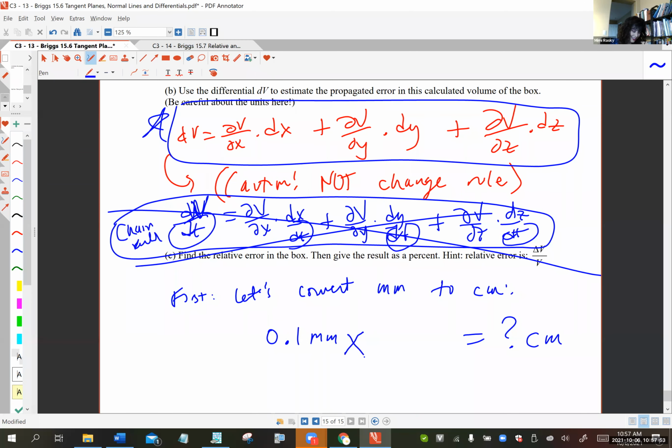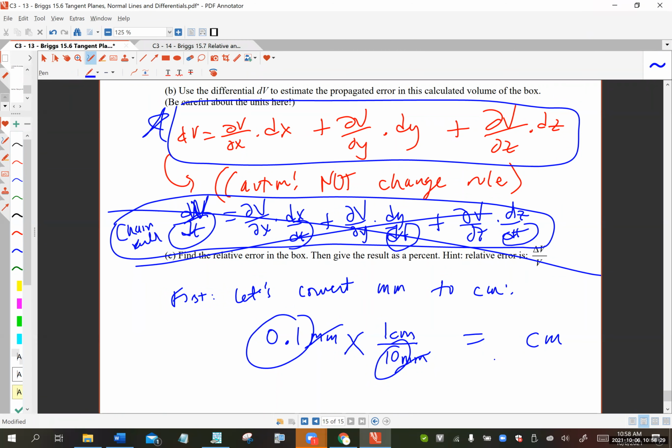No, that would not be good. 1 centimeter has how many millimeters? Does anybody know? I think it's 10. Yeah, I'm pretty sure it's 10 millimeters for 1 centimeter. I'm not a metric expert, but that's the stoichiometry. So then the millimeters cancel, and what's 0.1 divided by 10? 0.01. Yes.